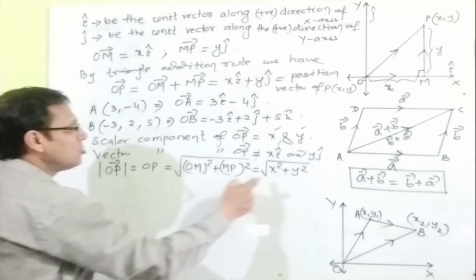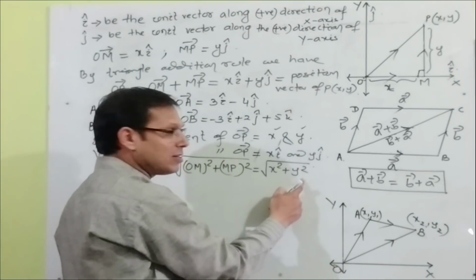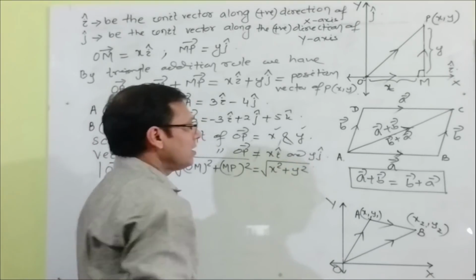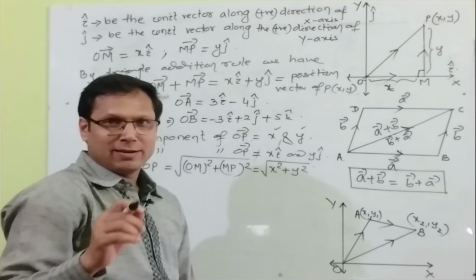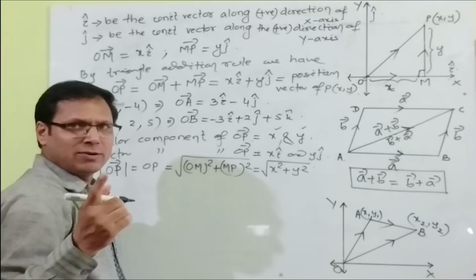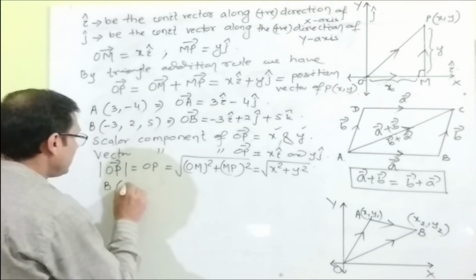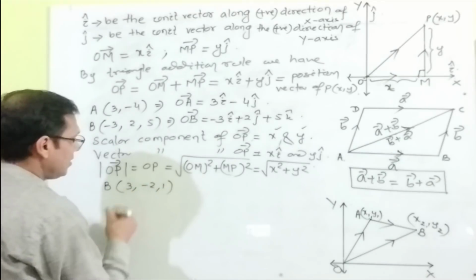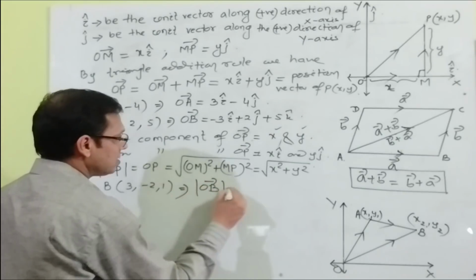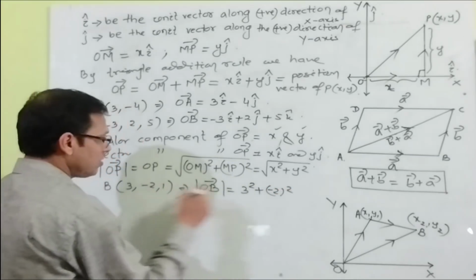So you can find the magnitude of any vector if the x coordinate and y coordinate are given: root over x coordinate square plus y coordinate square. If the point is taken in space, then the z coordinate will be there. Suppose you have to ask what is the magnitude of a point B having the coordinates 3, minus 2, 1. Then the OB vector magnitude is equal to root over 3 square plus minus 2 square plus 1 square.